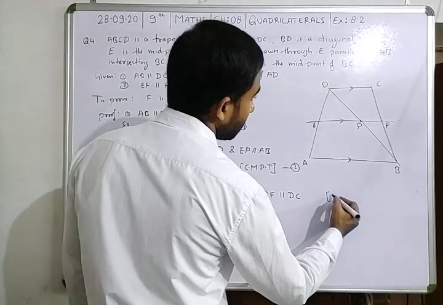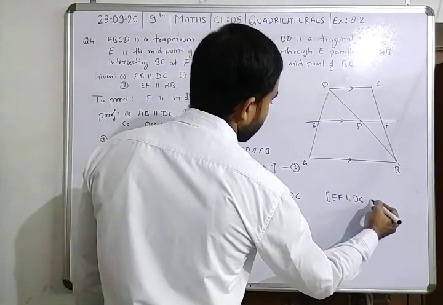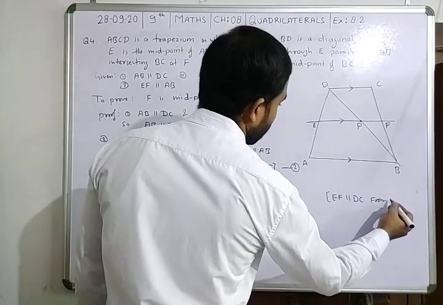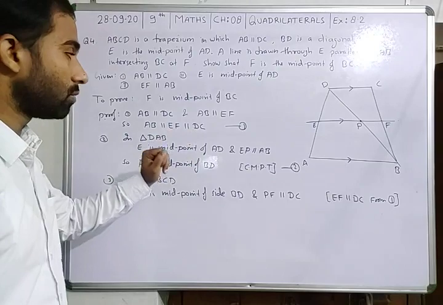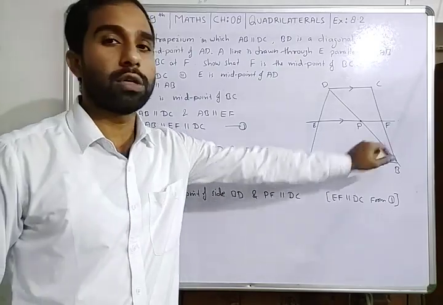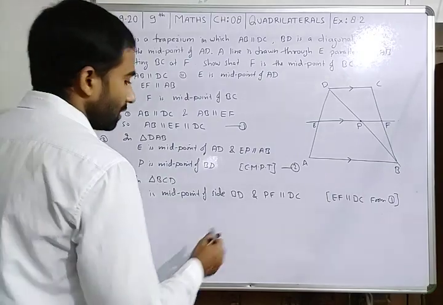Why? Because EF is parallel to DC. In equation 1 we showed EF is parallel to DC, and PF is part of EF, so PF is also parallel to DC.